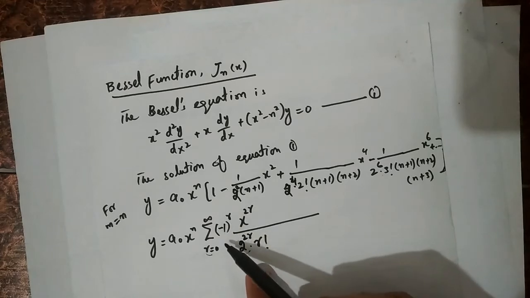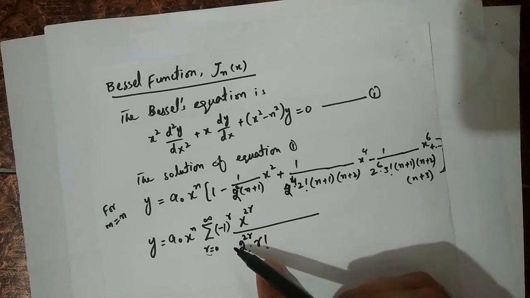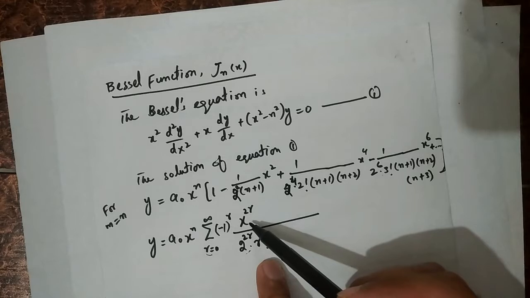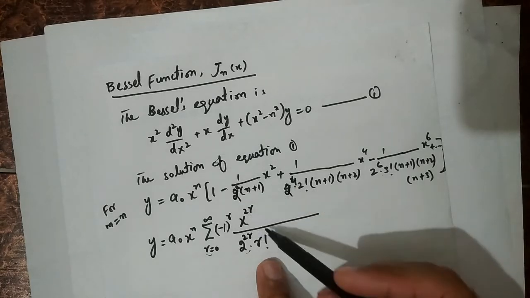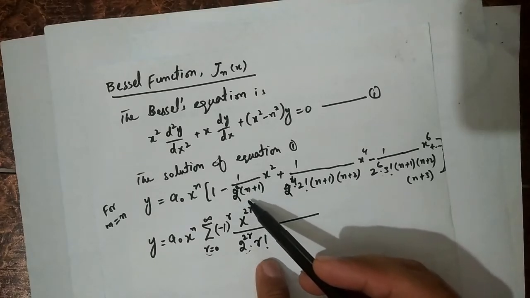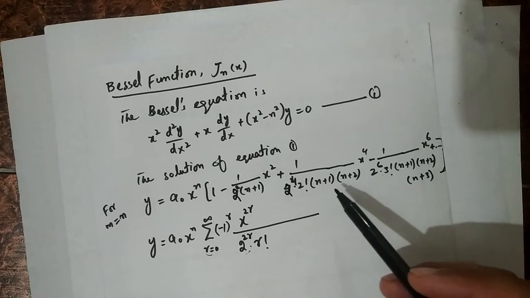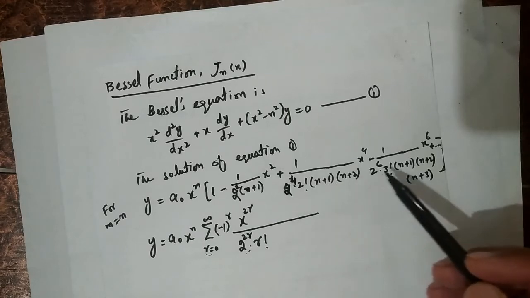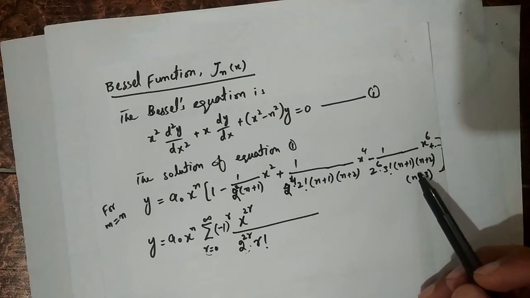So if we put r equals 0, this whole term will give us 1, and when r equals 1, this will give us minus x square divided by 2 square into 1 factorial. Clear? And now for this term, which is n plus 1 into n plus 2, n plus 1 into n plus 3, plus 2 into n plus 3.